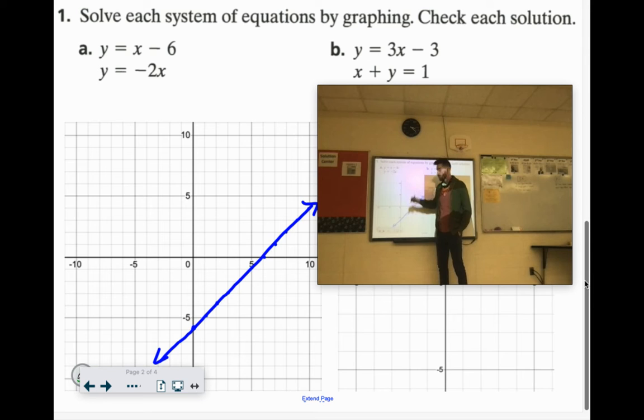The y-intercept there is 0, but you go down 2 over 1, because that's our slope, negative 2. Hey, that's where they cross, right down there. Their point of intersection is right here, which is at 2, negative 4.